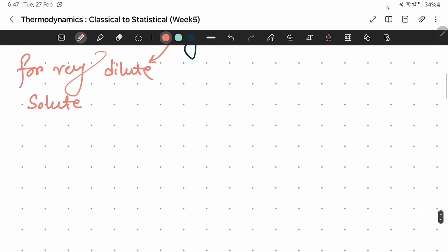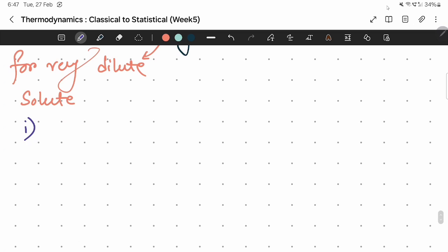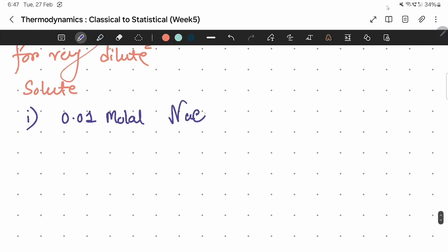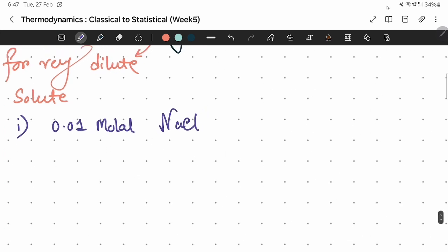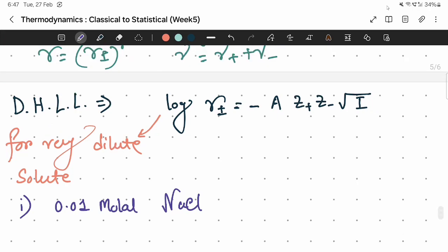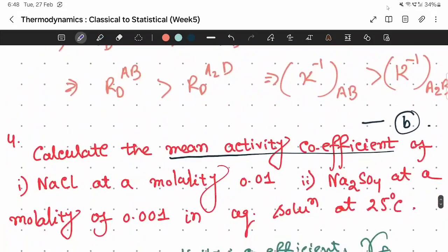First one: what is NaCl? 0.01 molar NaCl. So eventually we have to find out I, Z plus, Z minus, which we know, and A. What is A? A has a big expression, we know. But here one thing is mentioned, that is 25 degrees.